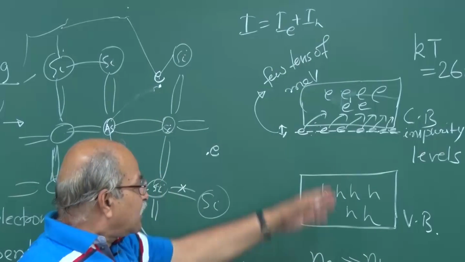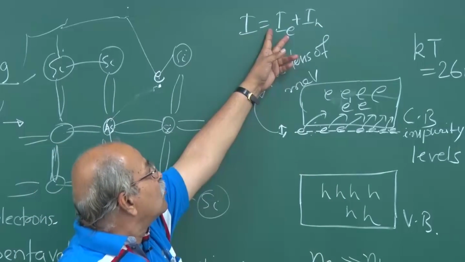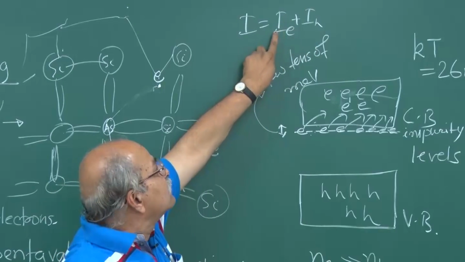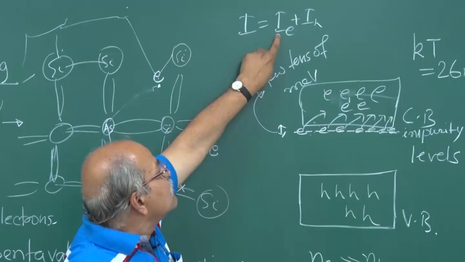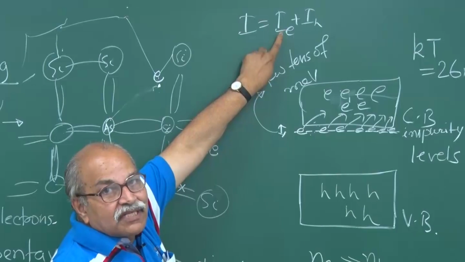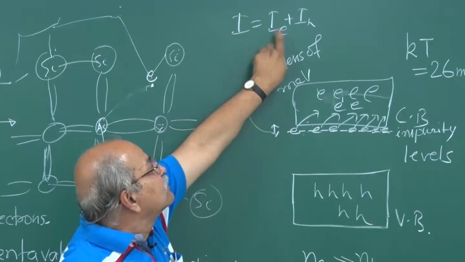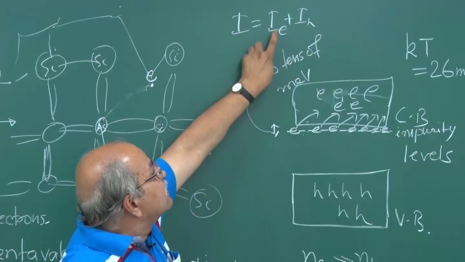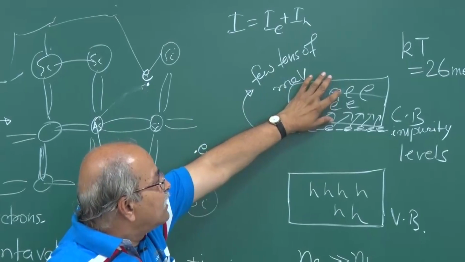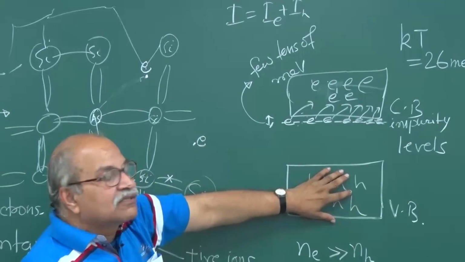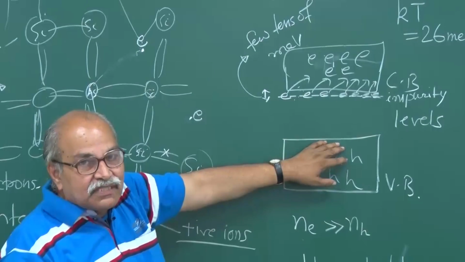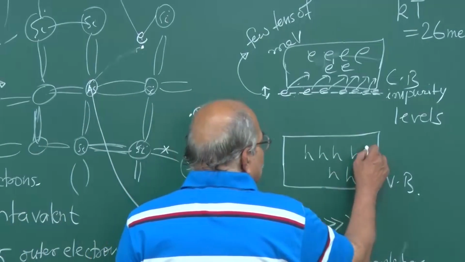Now in this kind of doping, this contribution to current because of these conduction electrons is much more as compared to the contribution from these holes.